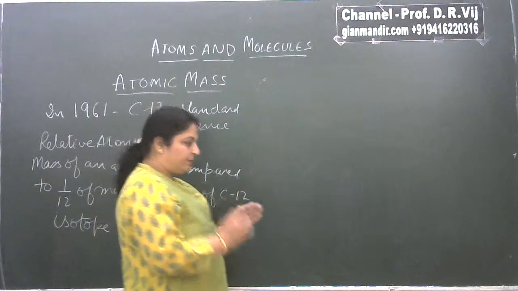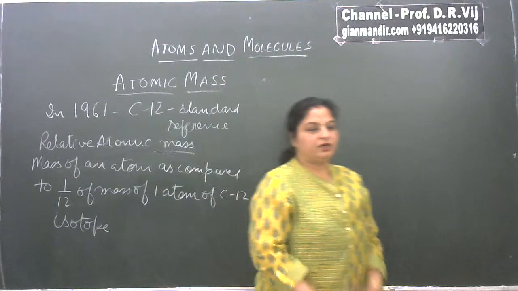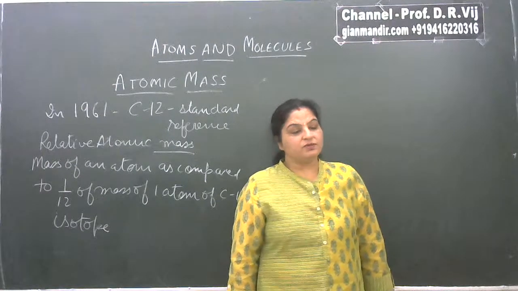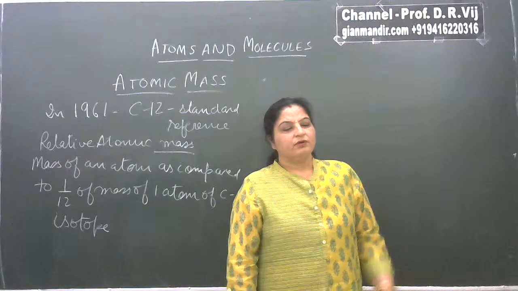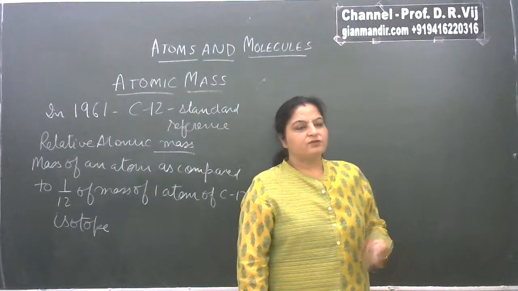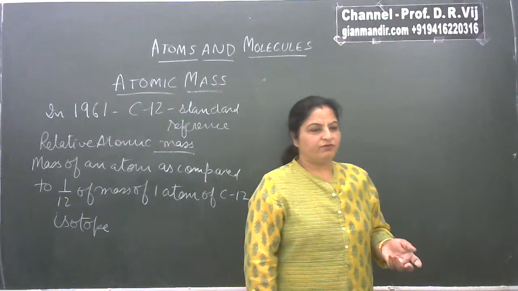If we say that atomic mass of sulfur is 32, it means that one atom of sulfur is 32 times heavier than 1/12 of one atom of carbon-12, right? So here we got the standard reference.